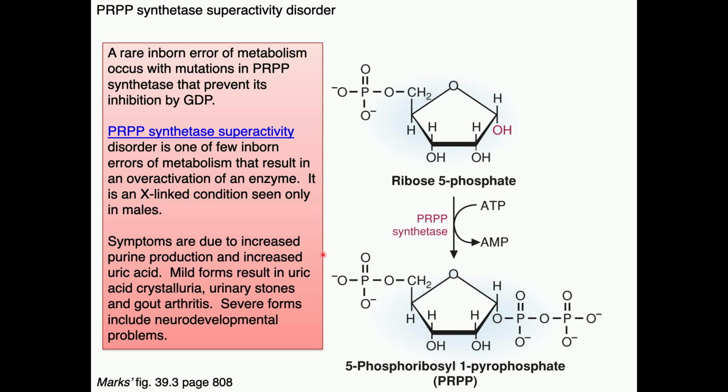Okay, so the symptoms of the PRPP synthetase superactivity disorder result from unregulated synthesis of the nucleotides. Their unregulated synthesis results in increased breakdown of the nucleotides, and you can get hyperuricemia, so increased uric acid as a result, and that can manifest as either gout or gouty arthritis or stones in the kidneys or the urinary tract.